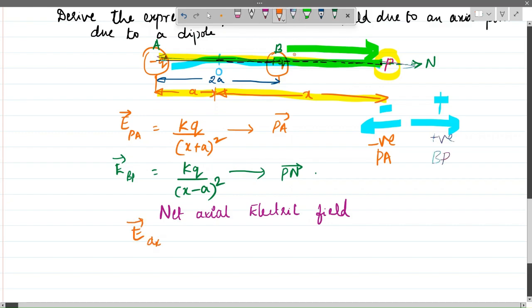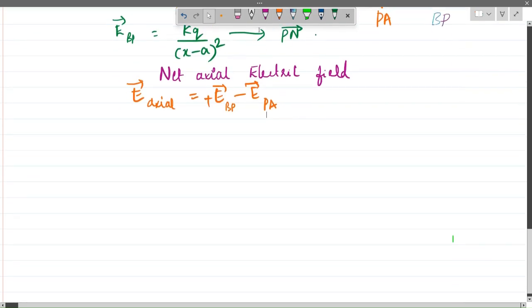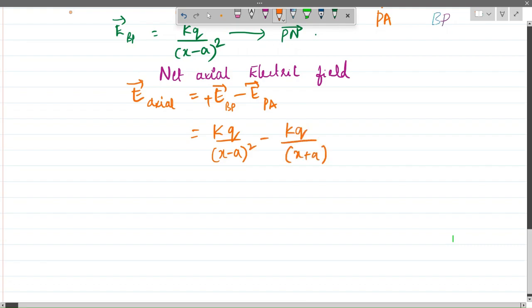Therefore, E axial, that is the net electric field due to an axial point, is EBP minus EPA, which is equal to K into Q divided by x minus a the whole square, minus K into Q divided by x plus a the whole square.